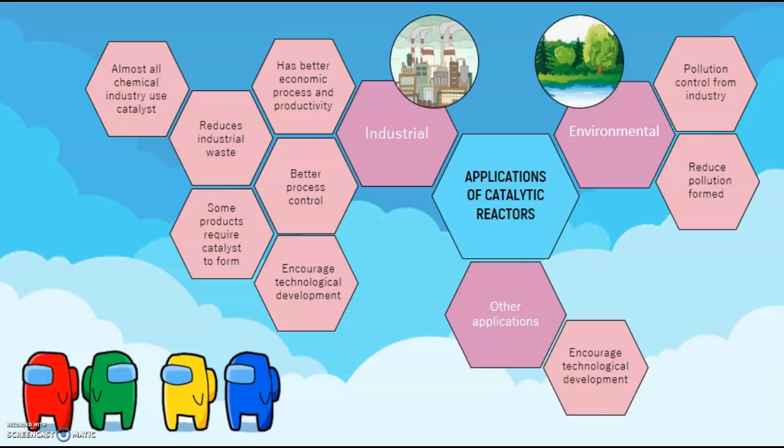Also, some products require catalyst to form. If we do not have catalyst, some products will only form naturally in little amount or not at all. That is why catalyst is important in the industry.